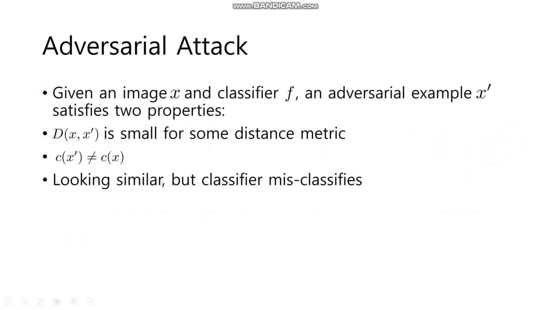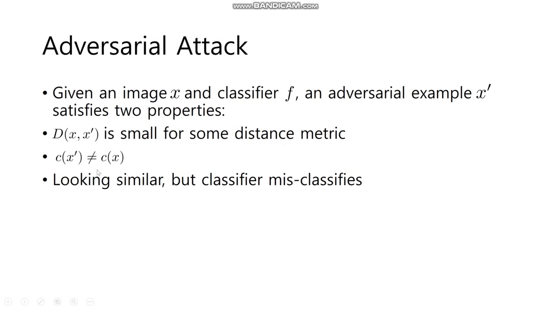So let's talk in a mathematical way. Given an image X and a classifier F, an adversarial example X prime satisfies the following two properties. First, the distance between X and X prime is small for some distance metric.